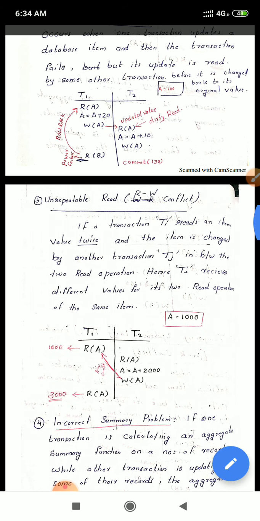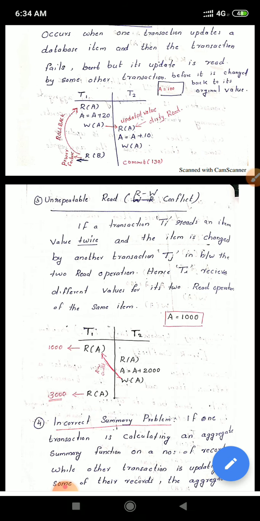Now T1 reads the value of A again, but now A is 3000 rupees, whereas before T1 read the value as 1000. After some time the same database item is read as 3000. That is the unrepeatable read problem.